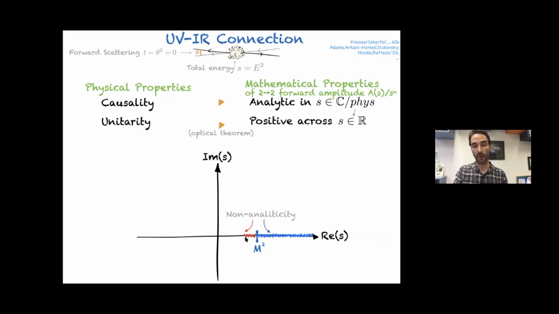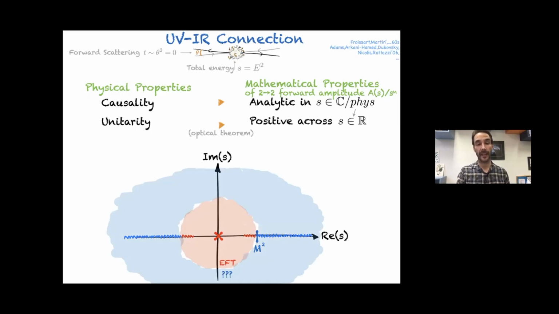So for S real and above threshold, above 4m squared, basically there is a branch cut. Because of crossing symmetry, this branch cut also appears in the U channel, which is equivalent to negative S in this setup. And in addition, there are poles at the origin just because the object that I'm actually looking at is the amplitude divided by certain powers of S.